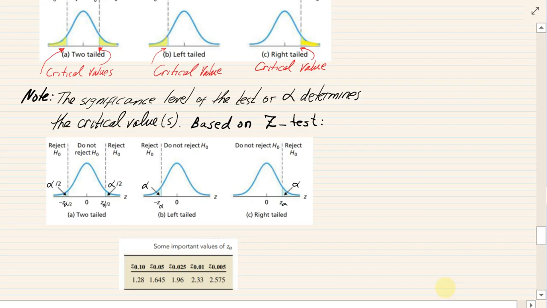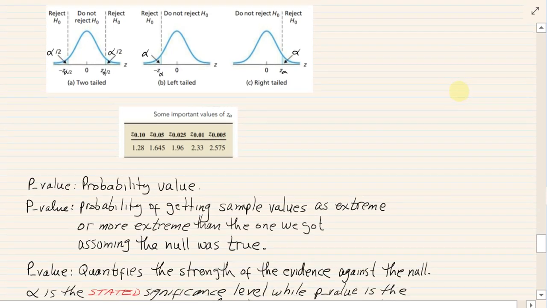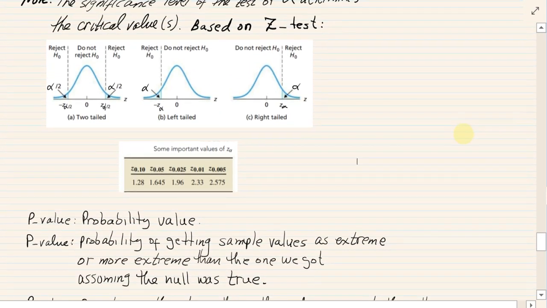We couldn't do that with the critical value approach, but with the p-value approach I can actually do that. I can quantify, I better say, rather than assess, the strength of the evidence against the null. So that's what this p-value approach is.